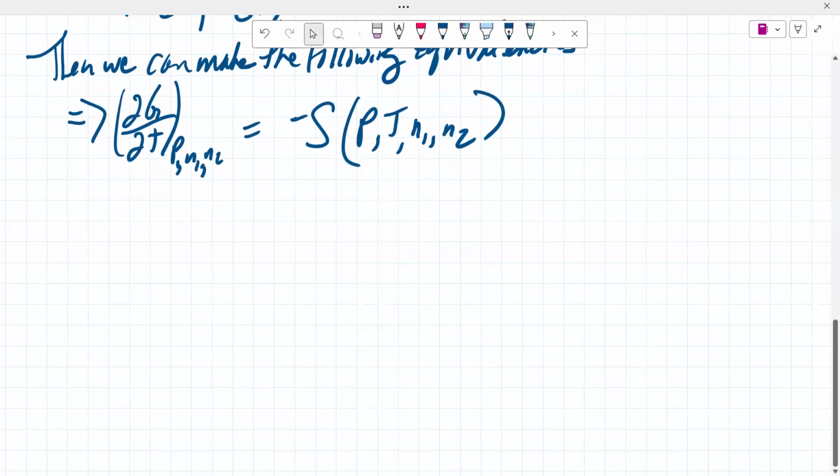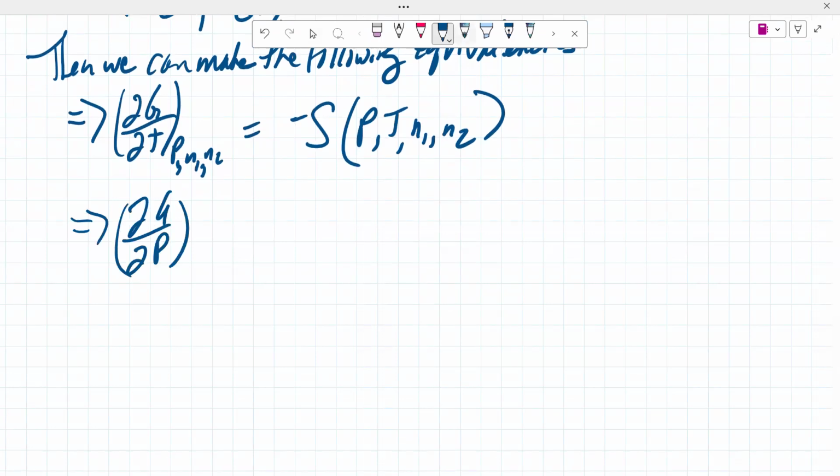And dG/dP, temperature, N1 and N2 equals negative V, T, N1 and N2.